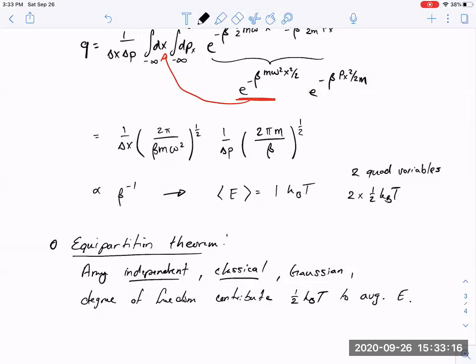But what you would find is that each one of those will just always contribute that same amount of 1/2 kBT to the average energy. Note that that contribution is independent of whatever spring constant it was, just like the contribution in the kinetic energy is independent of the mass of the particle.